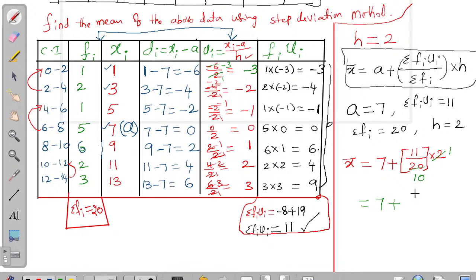So 7 plus 11 by 10. 7 plus, if you divide by 10, it becomes 1.1, isn't it? So the answer is 8.1. X bar is equal to 8.1.